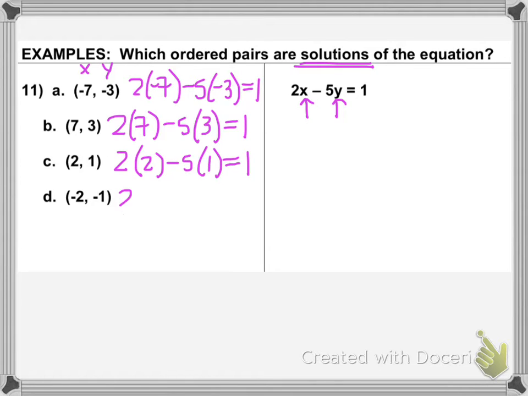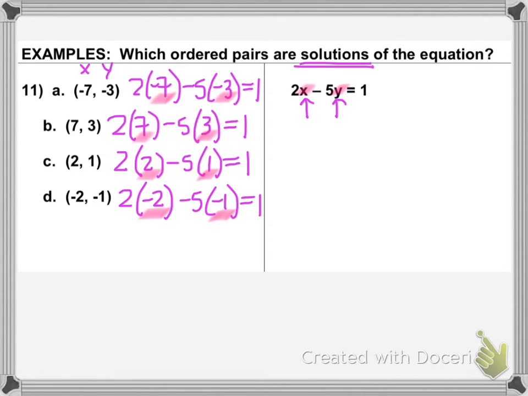And for D, it would be 2 times negative 2 minus 5 times negative 1 equals 1. So what we did is we're just replacing x and y. And then you'll just type all these in and see which ones are true or not. So let's try that.